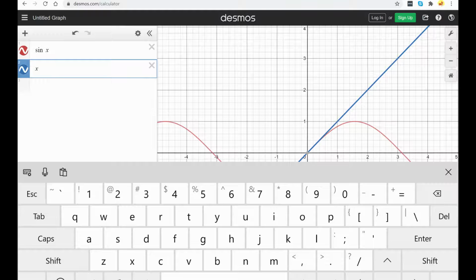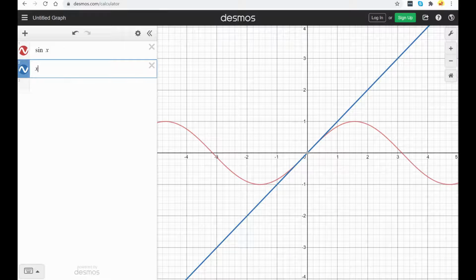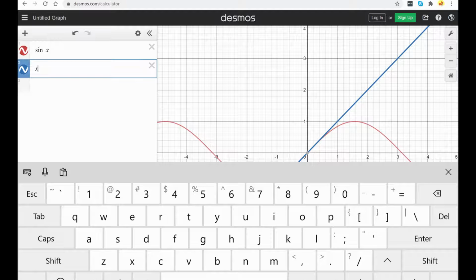What we'll do is go ahead and key in the second term, which is minus x cubed over 3 factorial. We are going to key that in, in the same graph. So let's go ahead and update this.